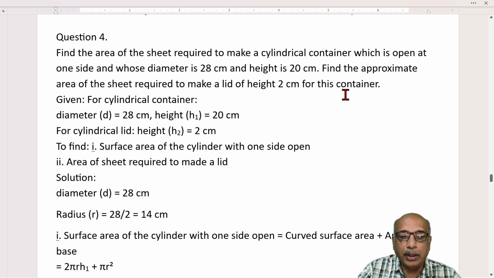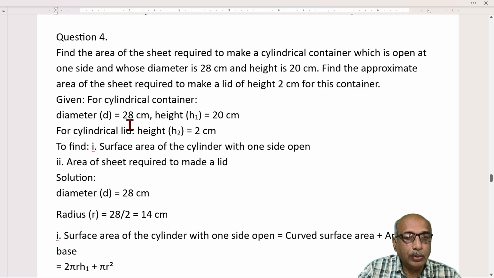When you are making a lid of some height, definitely the cylinder is at the bottom and on the top also height is there. So again it will be a cylindrical form only.